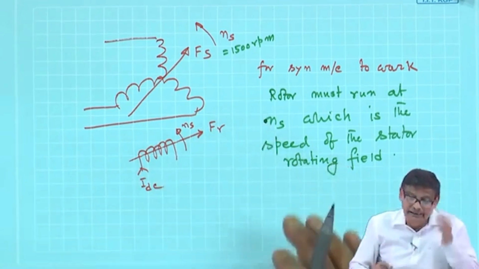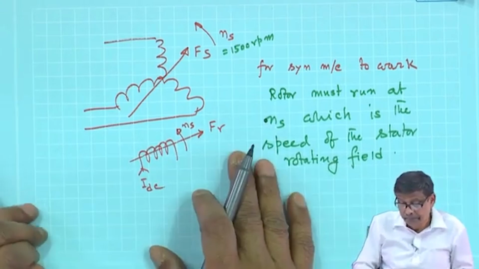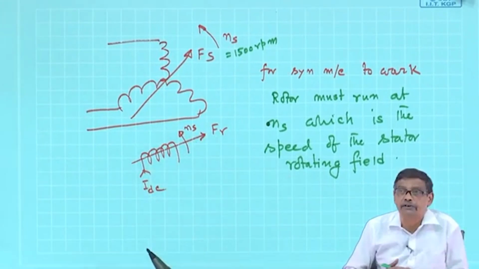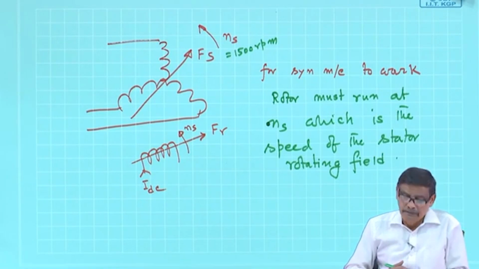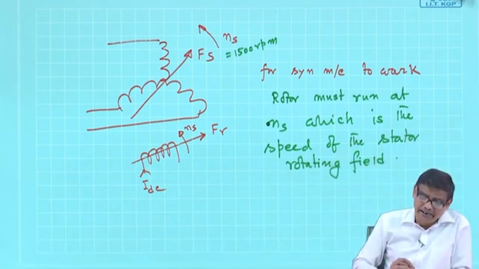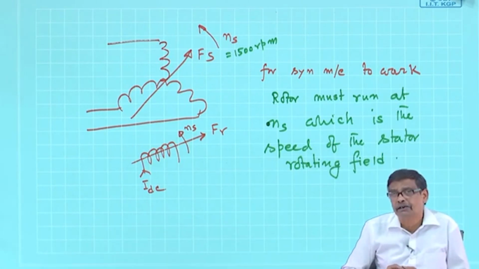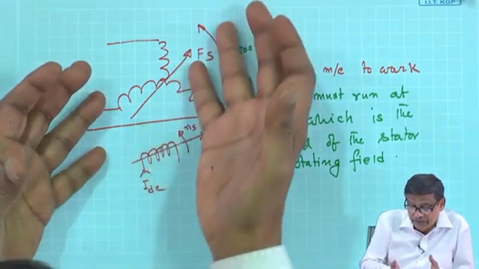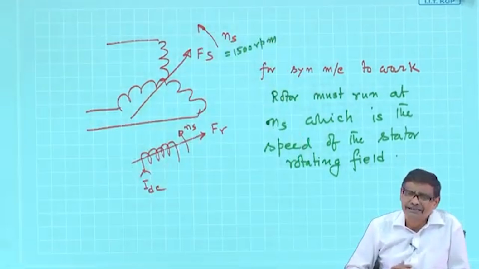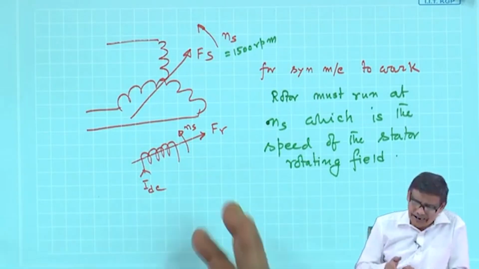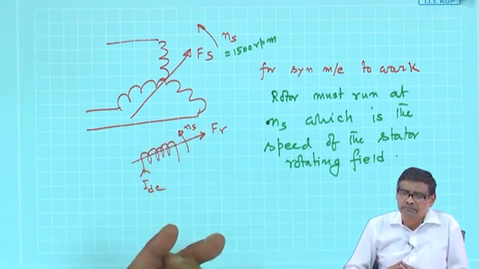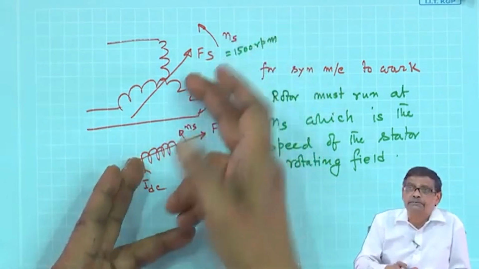So, that is the thing. Therefore, a synchronous machine will work at synchronous speed. There may be, of course, it will not be proper to tell that it strictly always runs at synchronous speed, both speeds being the same. There may be transient conditions where the speed may momentarily become other than synchronous speed.